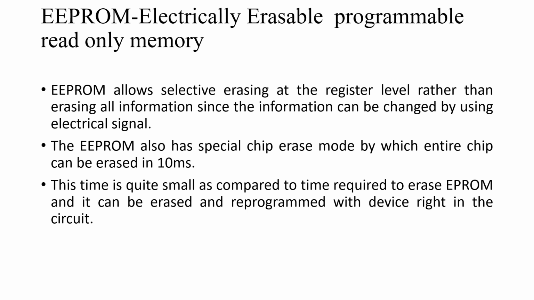The E-squared ROM also has a special erase mode by which the entire chip can be erased in 10 milliseconds. This time is quite small compared to the time required to erase the EPROM, and it can be erased and reprogrammed with the device right in the circuit.